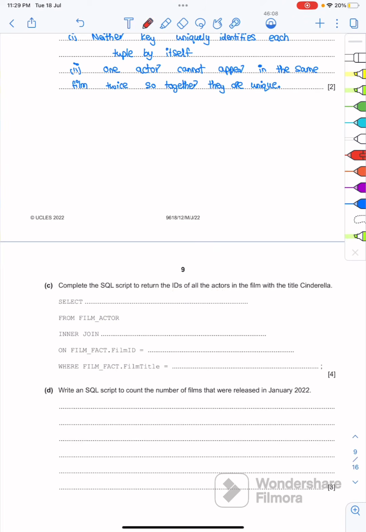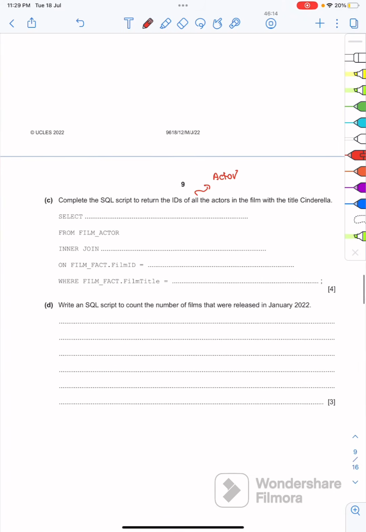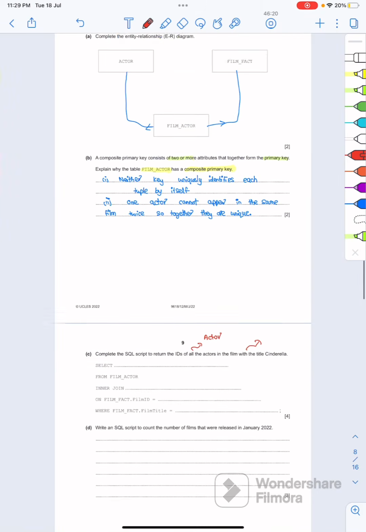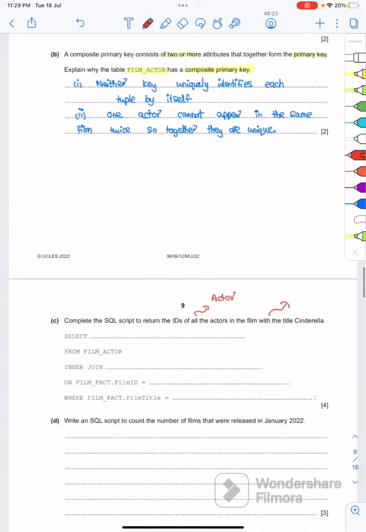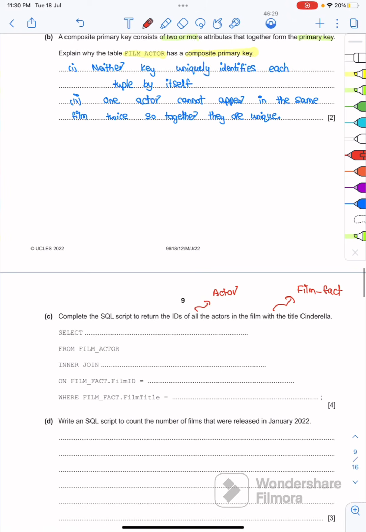For this, it's quite obvious we're going to have to refer to the actor table. But where are you going to find the film with the title Cinderella? You're going to find this in the film fact table. So you're referencing two different tables, and that has a bit more complex SQL than when you're just referencing one table.